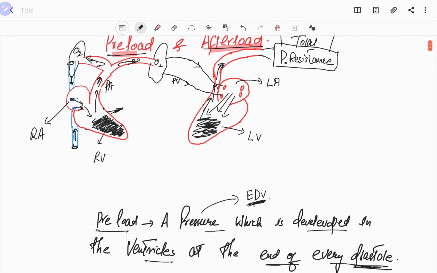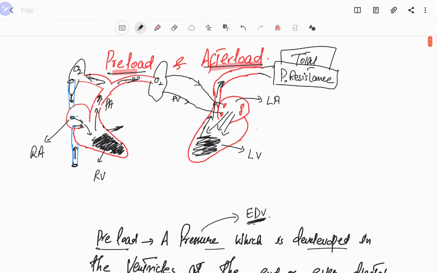So the left ventricle will receive the opposing force from the total peripheral resistance, and this total peripheral resistance will help us define the afterload. This is called afterload.